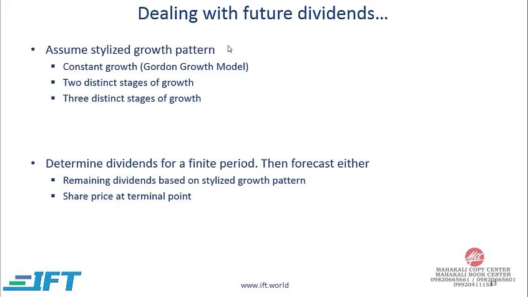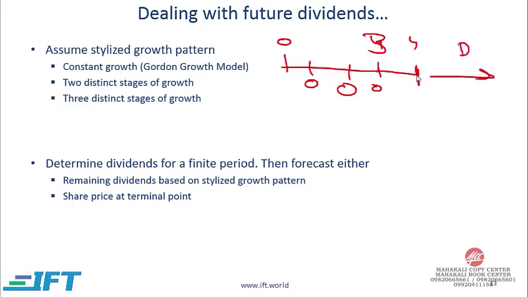Dealing with future dividends. Let's say that you can predict dividends over a 4-year period. So you have expected values for dividends over your 4 years. What do you do about dividends that will be received after 4 years? That's the question over here. And there are several ways of dealing with these dividends that will be received after 4 years.